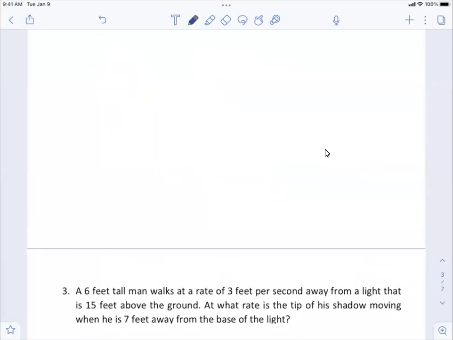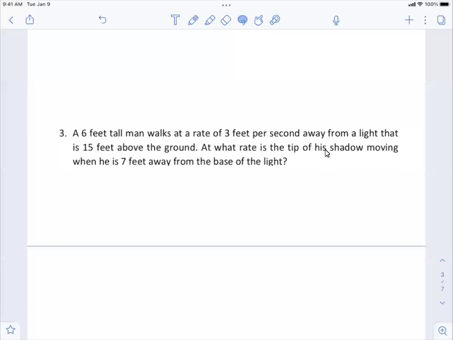Let's read the context. A 6 feet tall person walks at a rate of 3 feet per second away from a light that is about 15 feet above the ground.